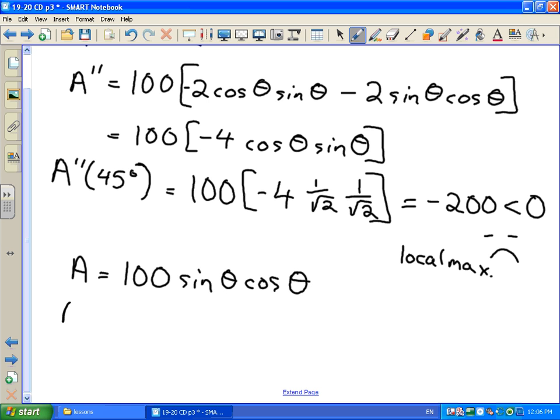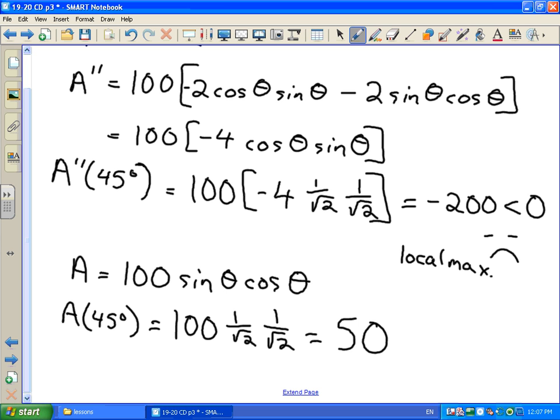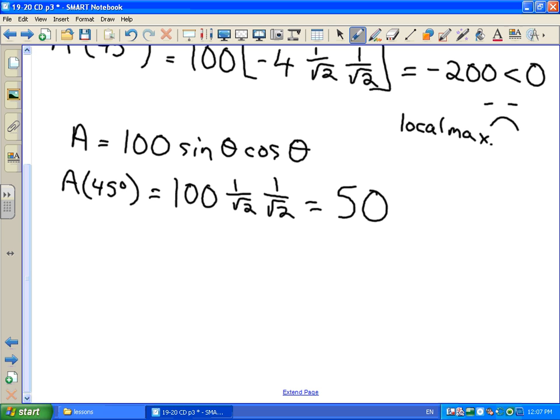Let's evaluate this at 45 degrees, which is just going to be 100 times 1 over root 2 times 1 over root 2, which is going to be 50. And that's our final answer. Therefore, the max area is 50.